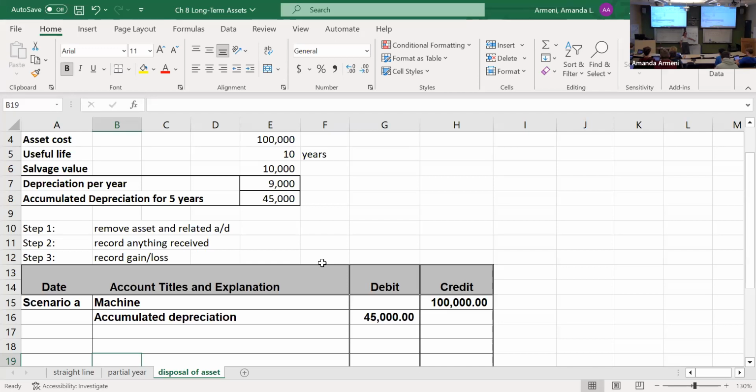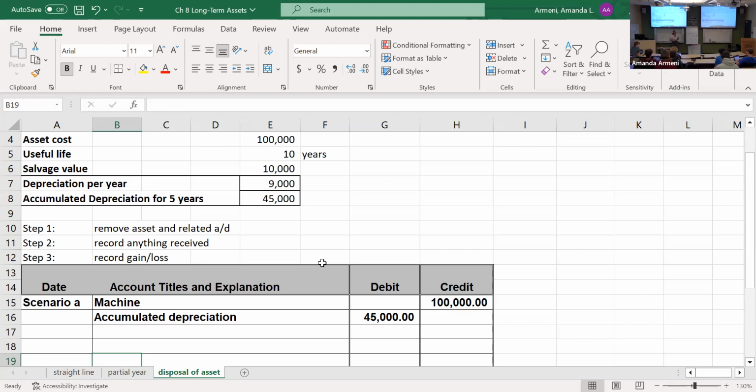And I want to get rid of it. Because if I'm not using the machine, I shouldn't have any record of it on my accounting records. So the way that I get rid of it is just to make a debit for the same amount. Because if I make a debit for the same amount, what's the balance of that account?